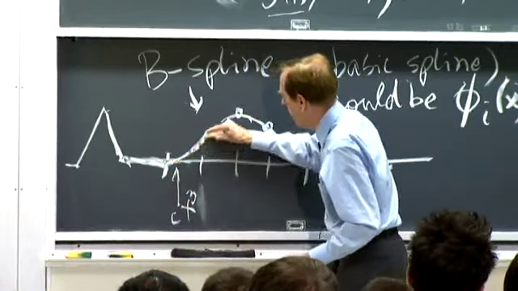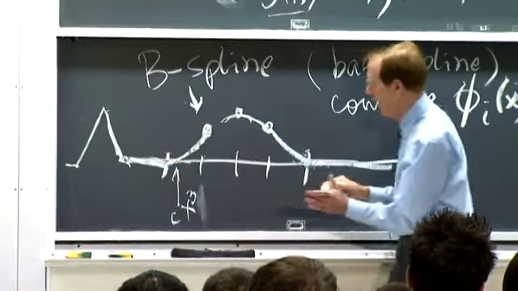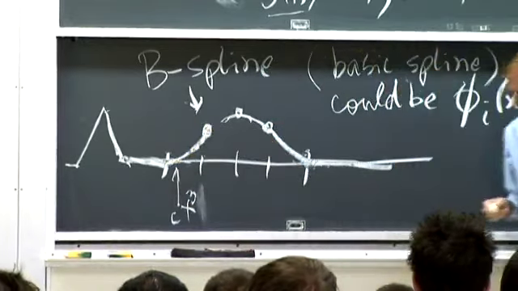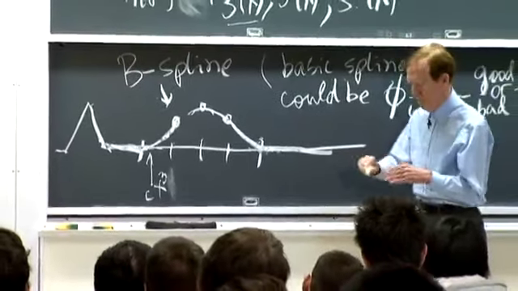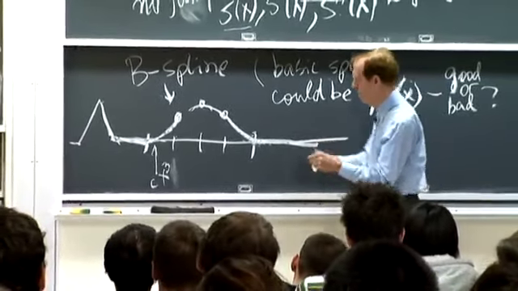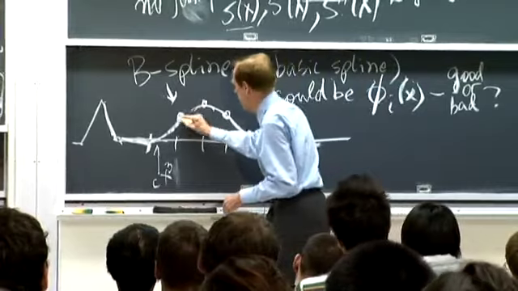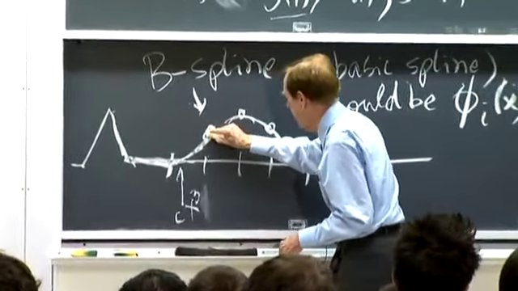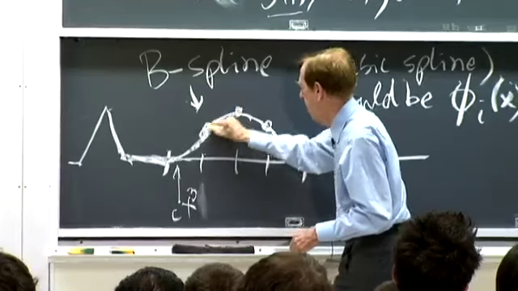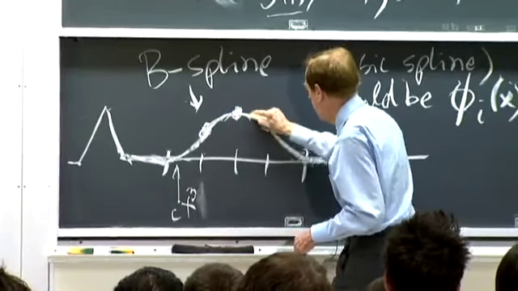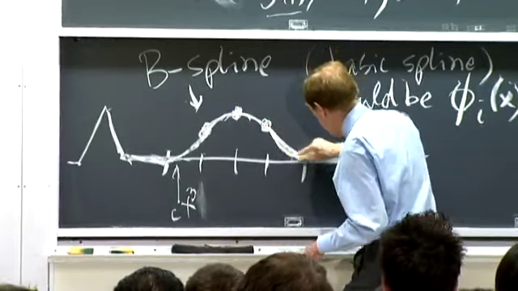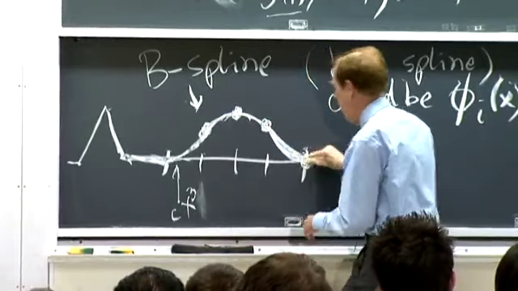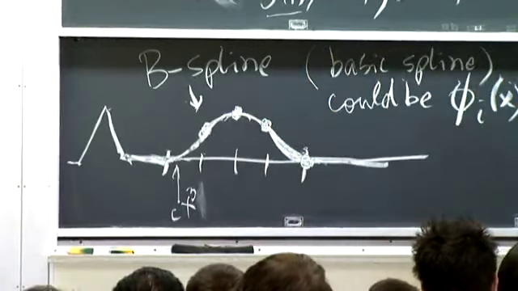It'll come up to some point here. Now I've got to get it beginning to curve downwards. So I'm going to have to change the third derivative, change to another cubic there, change to another cubic there, and a final cubic here. So there's a picture of a B-spline.